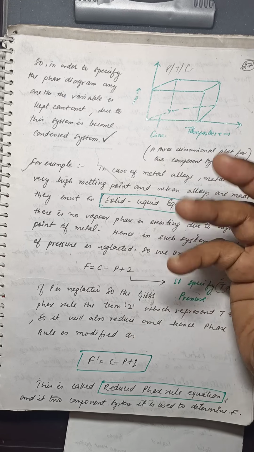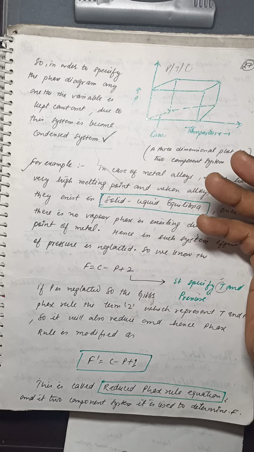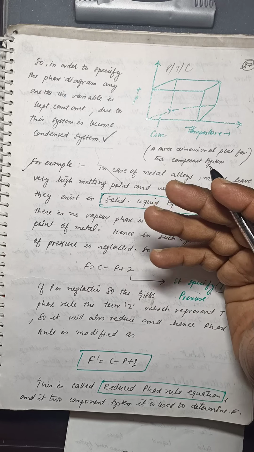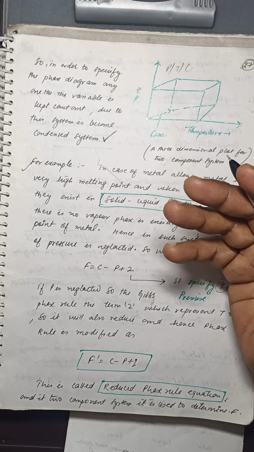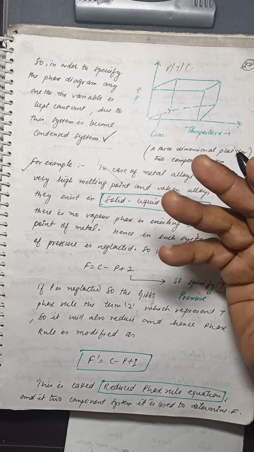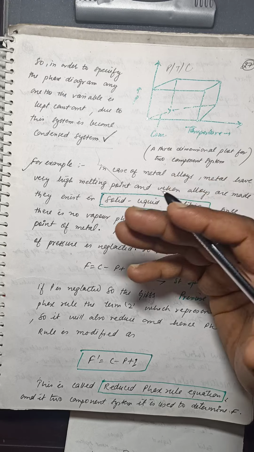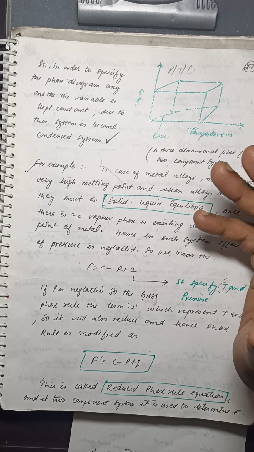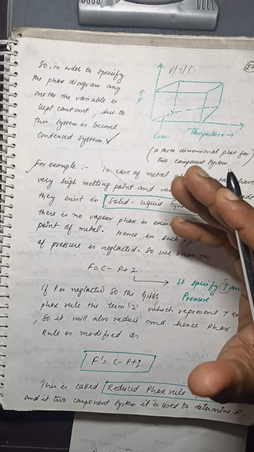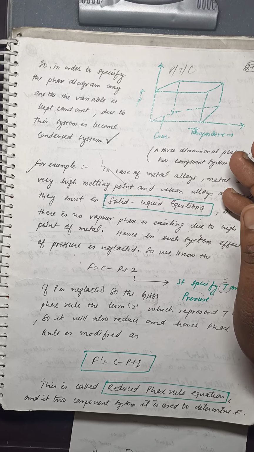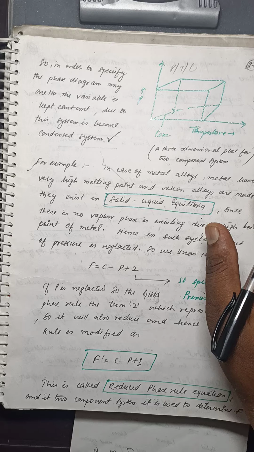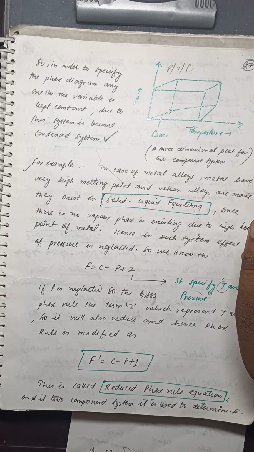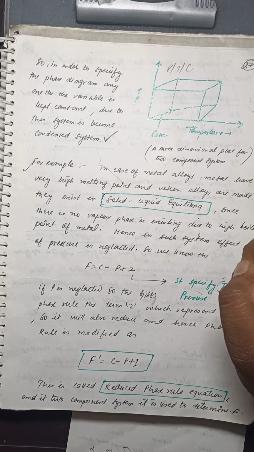We already know the definition of boiling point: it is the temperature at which internal vapor pressure and external pressure are the same. Since the melting point of the metal alloy is very high, the internal and external pressures are not the same. So we can keep pressure constant, and the pressure term is neglected. We know that the Gibbs phase rule is F equals C minus P plus 2, where 2 specifies temperature as well as pressure.